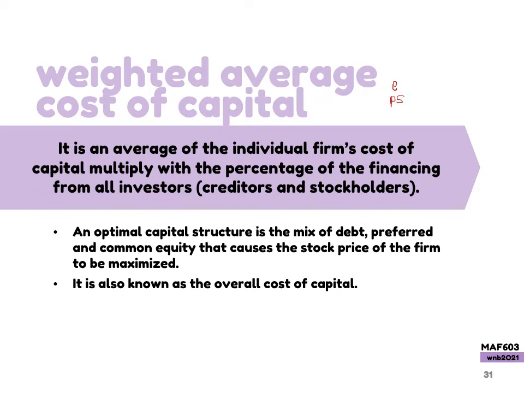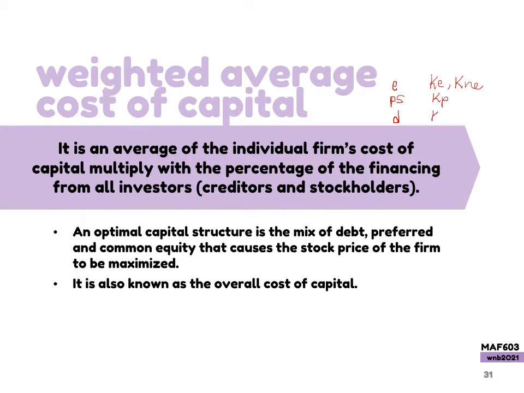For each individual component, we have already calculated the individual cost of capital. For example, for common equity, we have KE and KNE. For preference share, we calculate the KP, and for debt, we calculate the cost of debt, symbolized by KD.